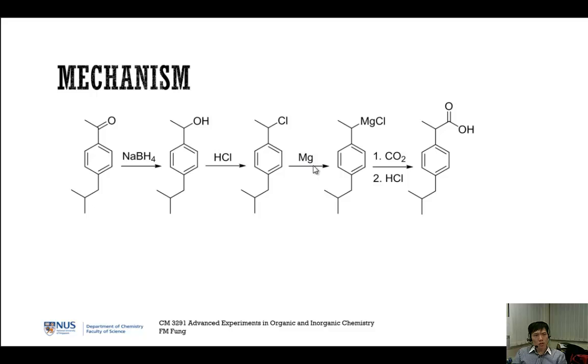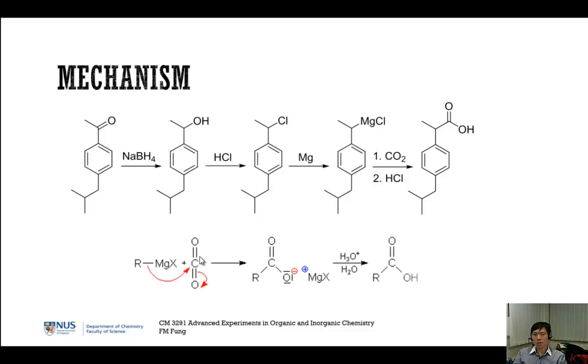Next step, addition of Mg is squeezed inside between the two non-metal, carbon, chlorine, creating a very reactive intermediate. Then here you add CO2, which is an electrophile. Okay, this is mechanism. This bond, which is semi-covalent and ionic, full of electrons, attack the carbon.